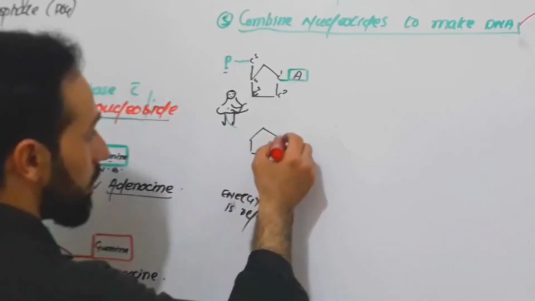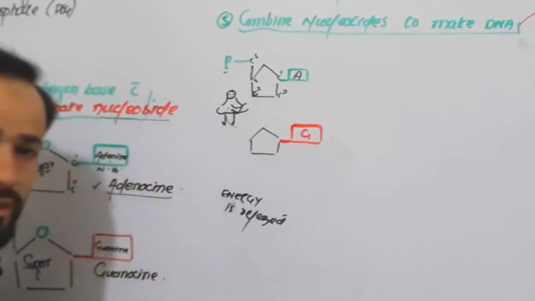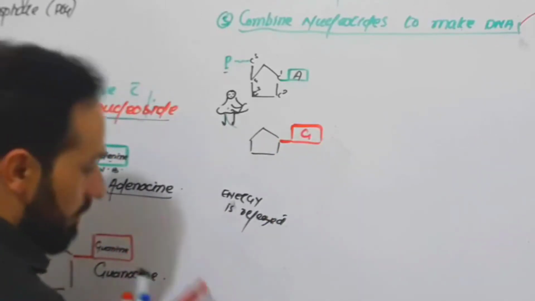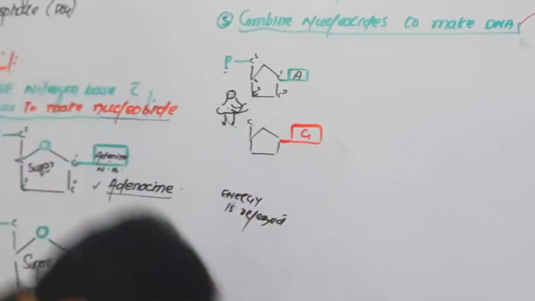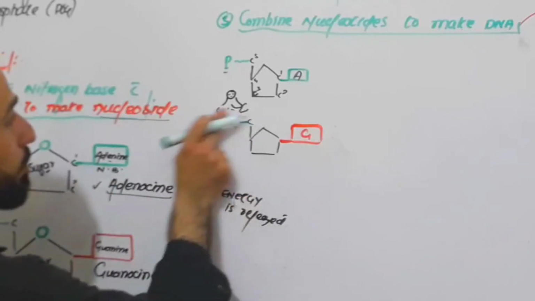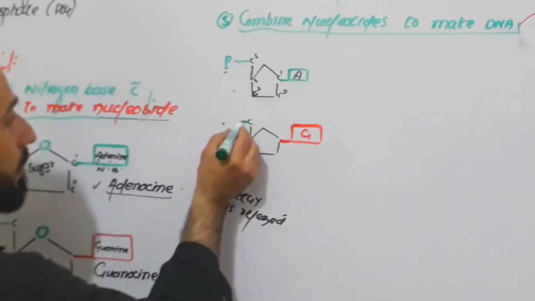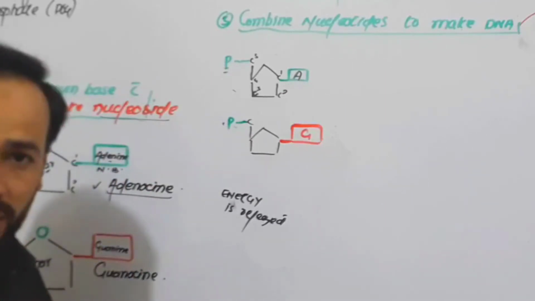Now here is our guanine, right? And it had lost its phosphates. It has lost 2 phosphates, right? So when the 2 phosphates are gone, only 1 phosphate is remaining.